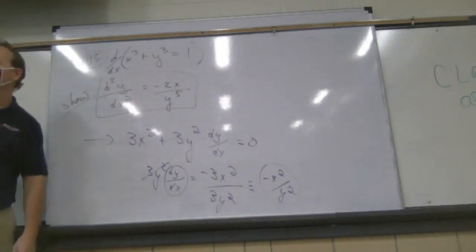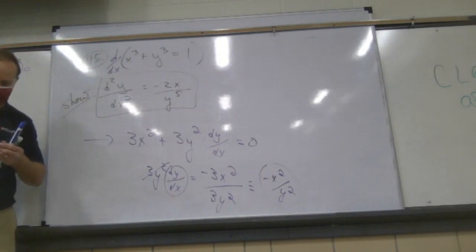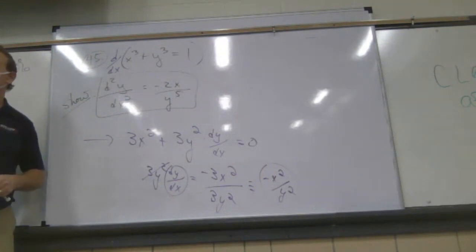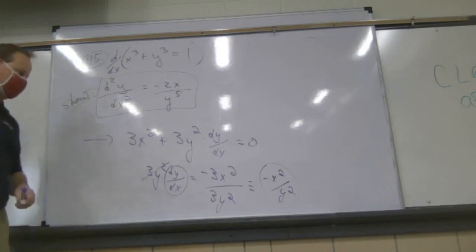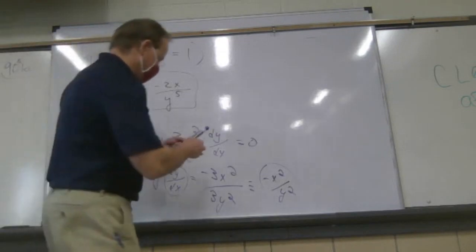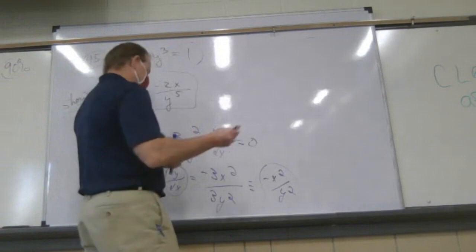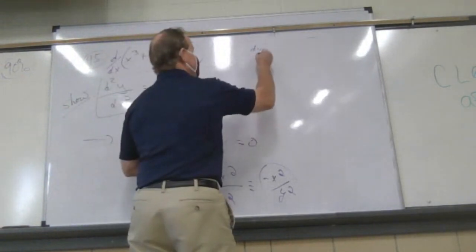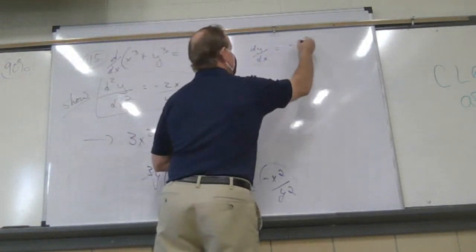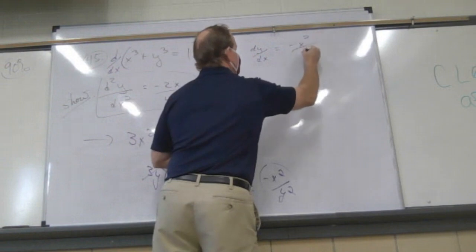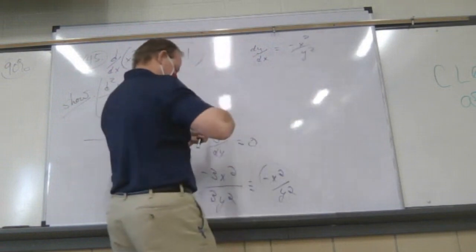That's dy dx. Everybody agree with that? And then all I got to do now is what? Take the derivative of that with respect to x to come up with a second derivative. So I'm just going to rewrite this up here. We have dy dx equals minus x squared over y squared.